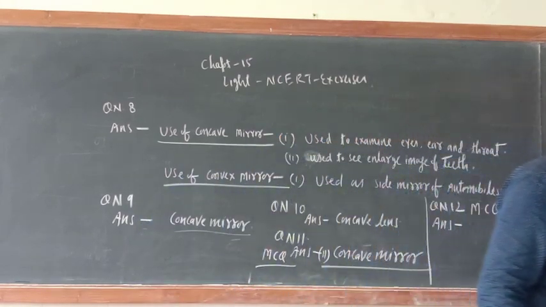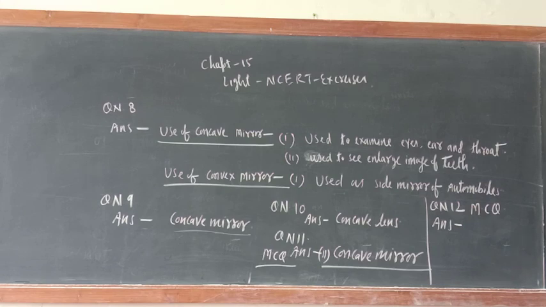What is the question number 12? David is observing his image in a plane mirror. The distance between the mirror and his image is 4 meter. If he moves 1 meter towards the mirror, then the distance between David and his image will be 6 meter.